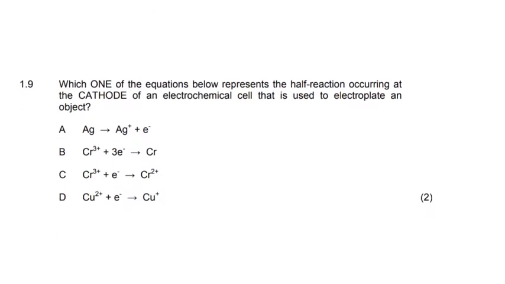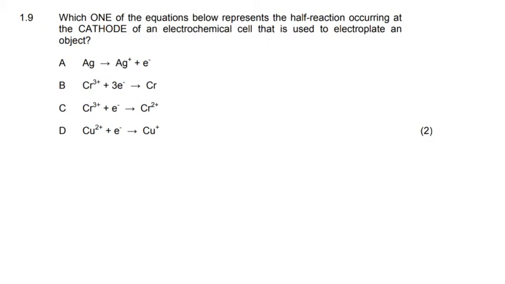Now going to November 2016, question 1.9 says, which one of the equations below represents the half reaction occurring at the cathode of an electrochemical cell that is used to electroplate an object? This is again going to be from theory.